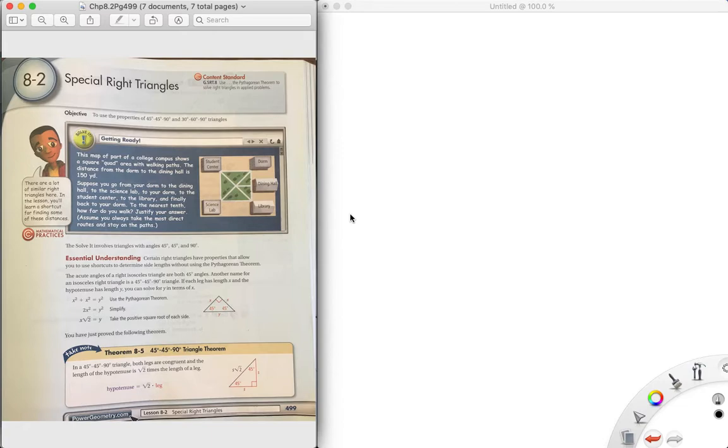And one of these types of triangles is called the 45, 45, 90 degree triangle theorem.